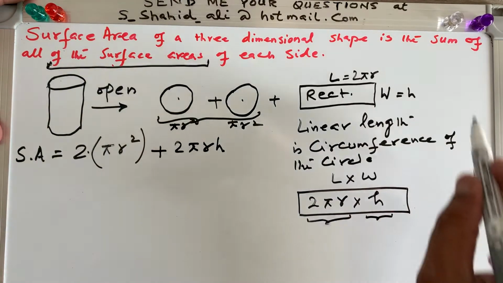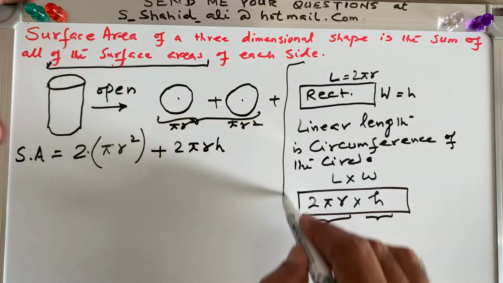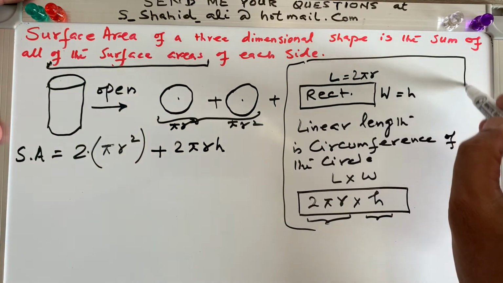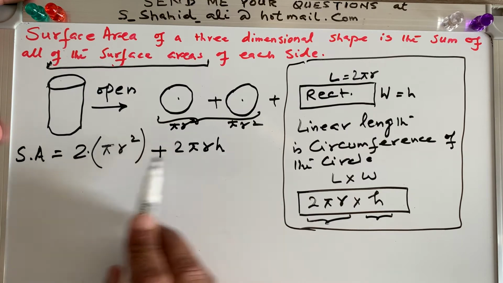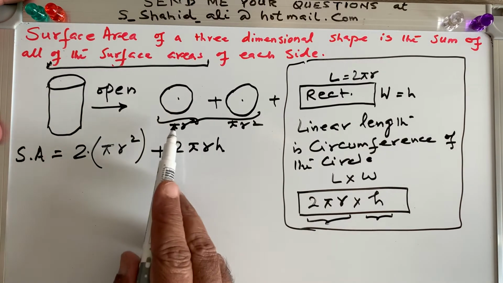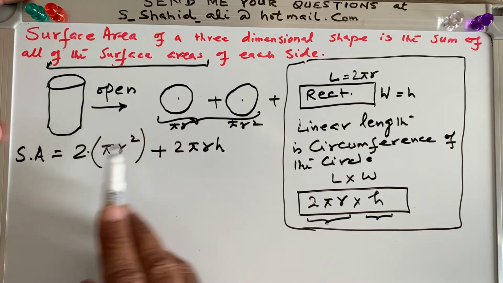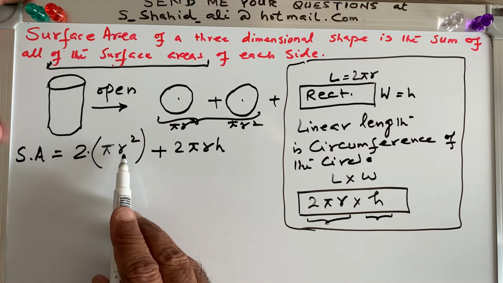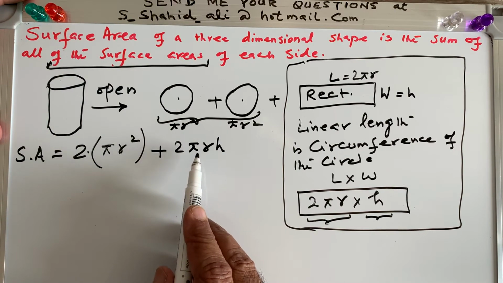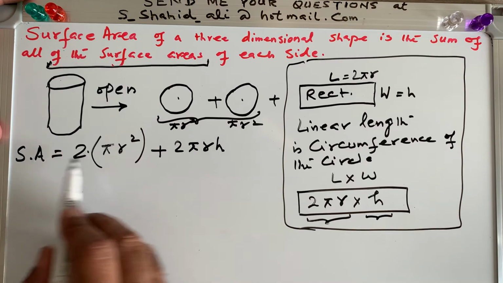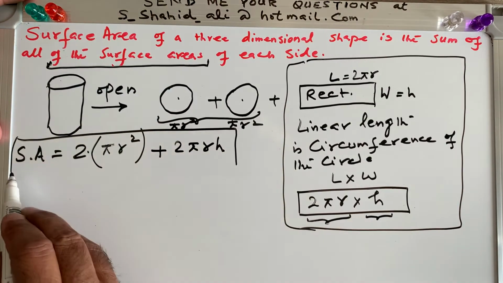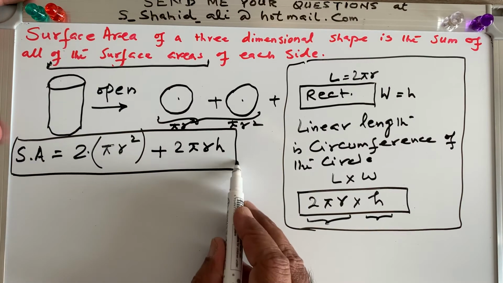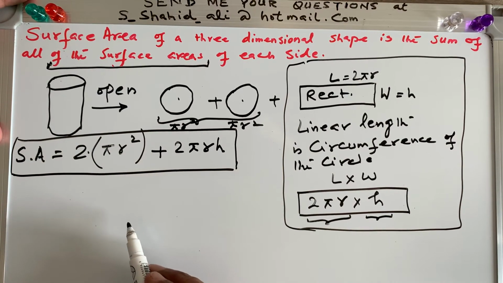So we have the area of this rectangle. This is the concept we use here, and we substitute back the 2 circles, that means pi r square plus pi r square, 2 times pi r square, and then plus 2 pi r h. This is the surface area formula of a cylinder. We will use this formula for any question which is dealing with the surface area of the cylinder.